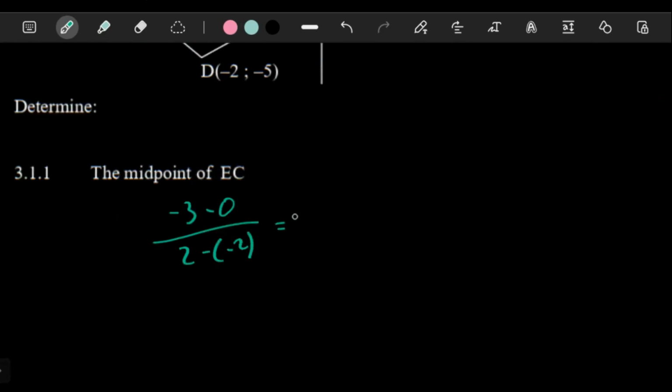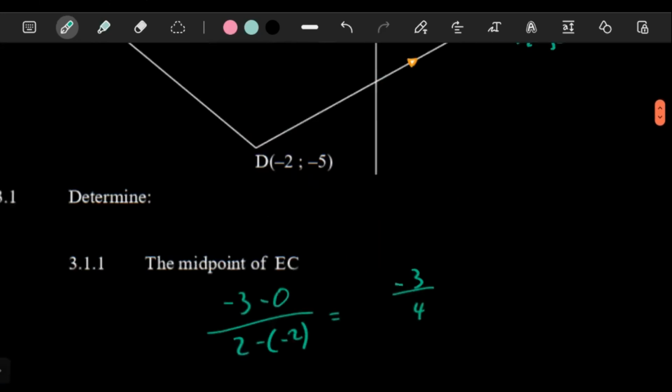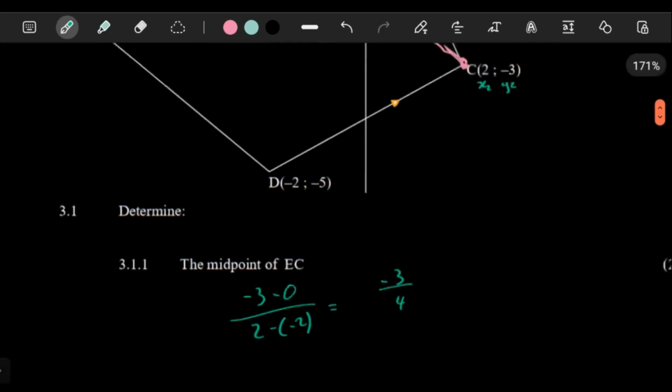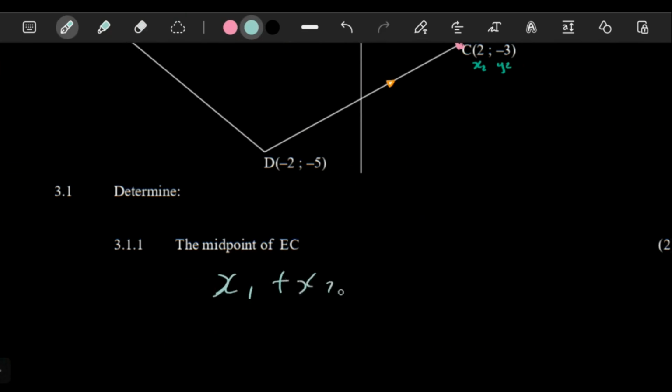And then -3 over 2 plus 2 is a 4. Wait, that's the gradient. I literally wrote down the gradient formula, and I wrote it so confidently.